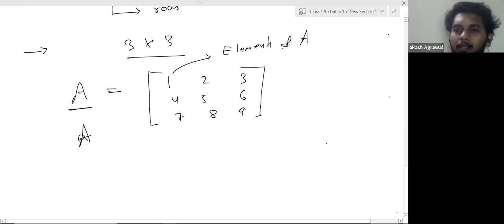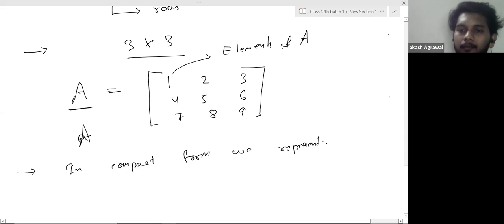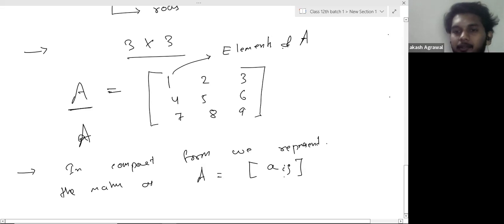So we cannot always represent the matrix in this form, right? This is very lengthy. So in compact form, we represent the matrix as A equals small a i j. i and j are suffixes.